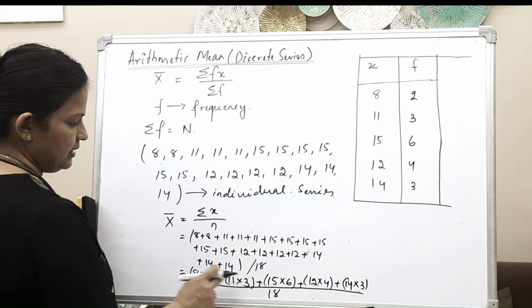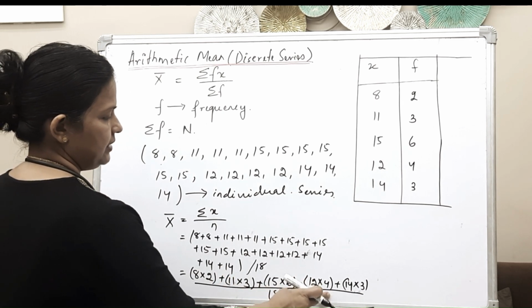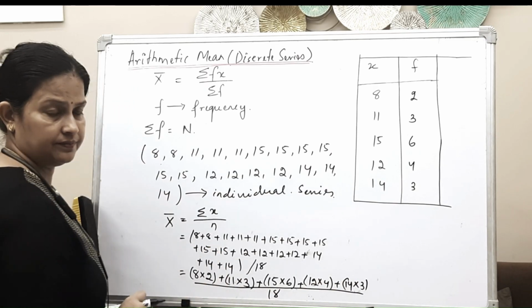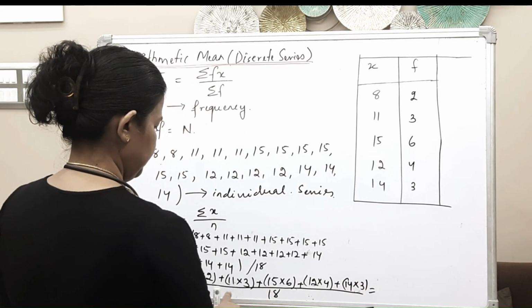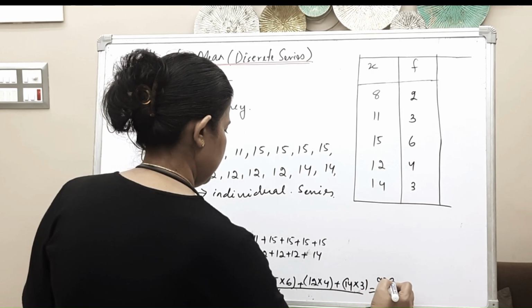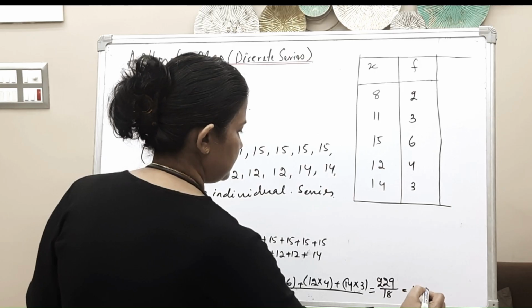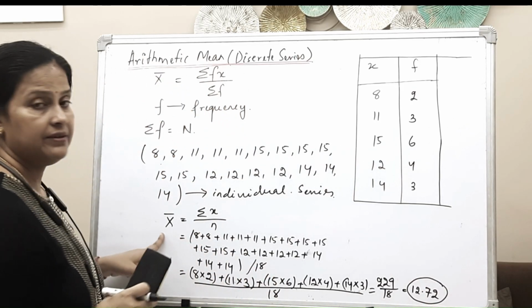Where did 18 come from? 2 plus 3 is 5, 5 plus 6 is 11, 11 plus 4 is 15, 15 plus 3 is 18. So what is the value? We can write 229 divided by 18, which is equal to 12.72, the answer for this series.